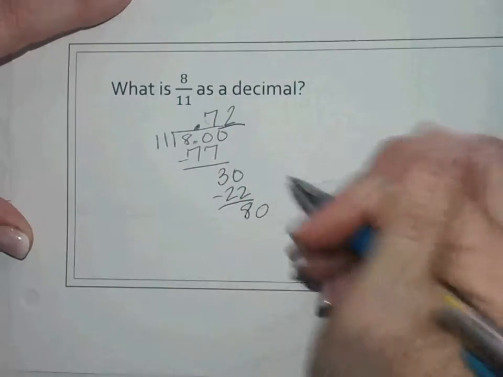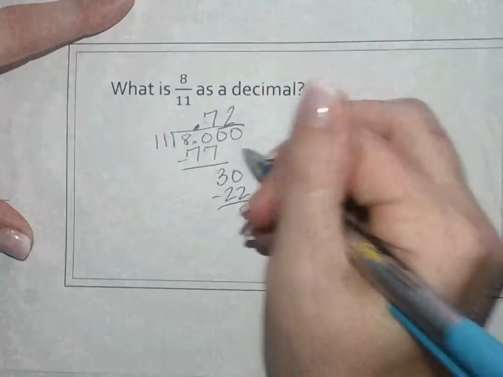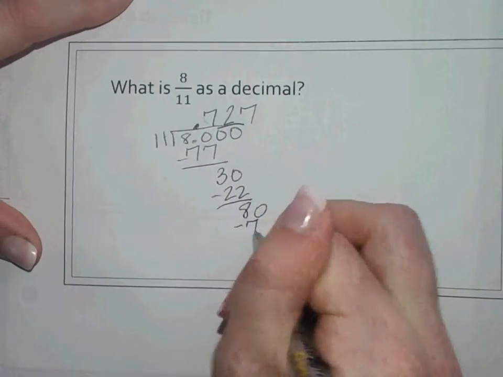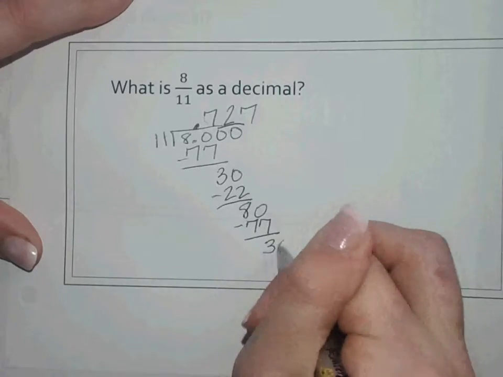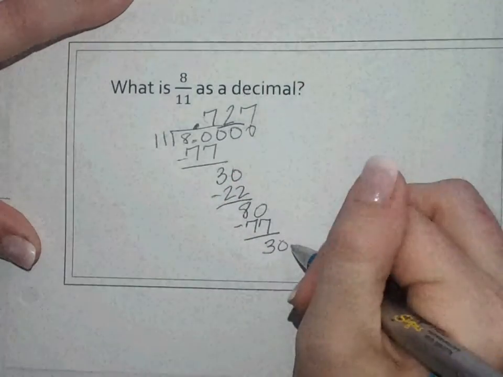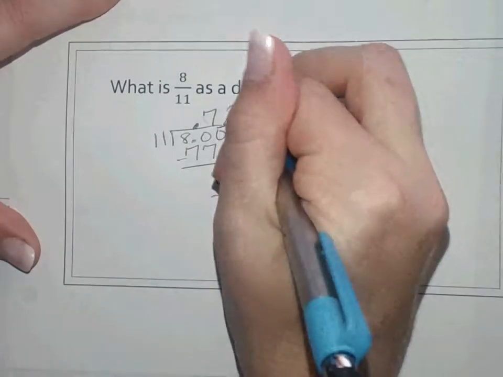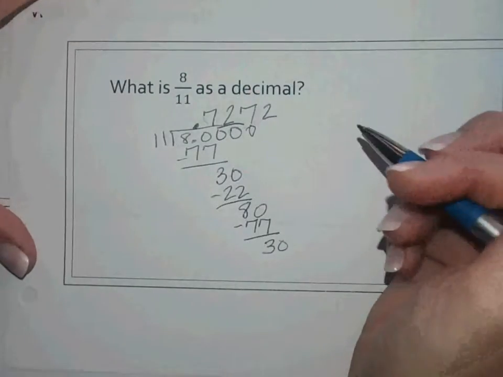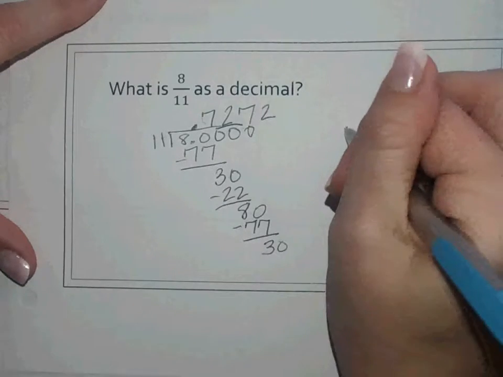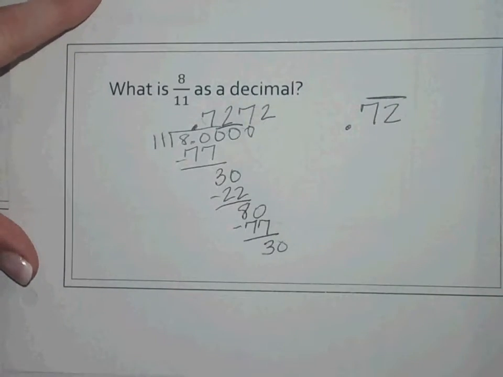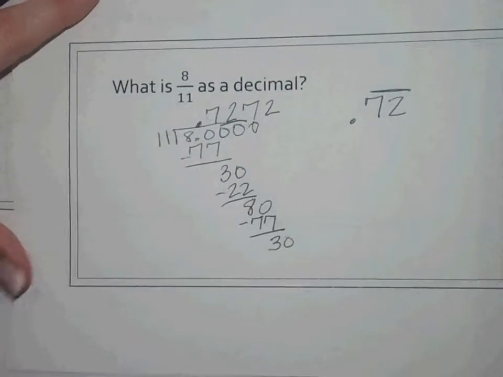Get an 8. Add that 0. 7 times, get 77. Oh, wait a second. What do you notice here? 11 goes into 30 2 times. It's starting to repeat itself. So I would say it's 0.72 repeating.